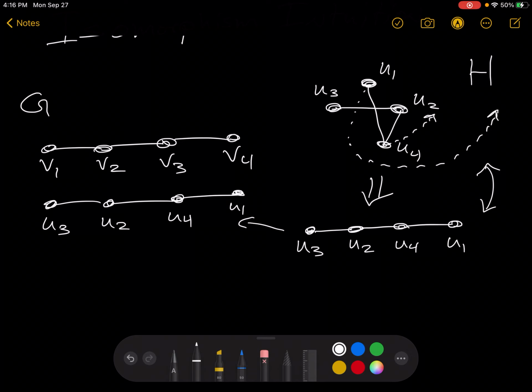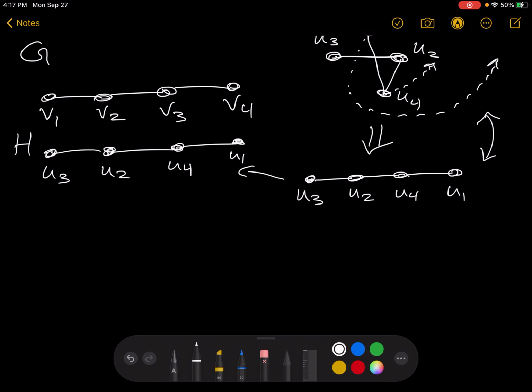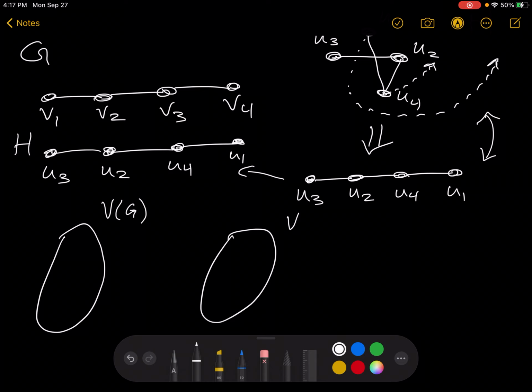Then that tells me what my one-to-one and onto function from the vertices of G to the vertices of H needs to be. So I'll put here vertices of G, and over here I'll put vertices of H. We've got V1, V2, V3, V4, and here I've got U1, U2, U3, U4.